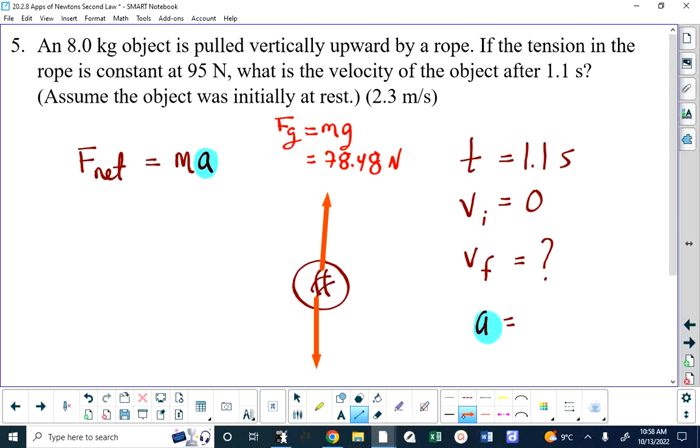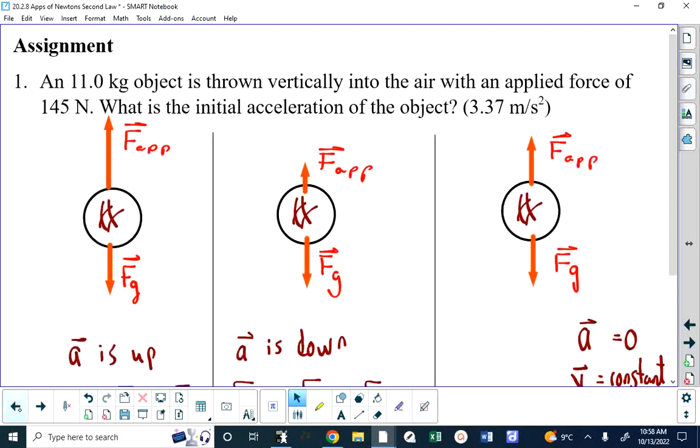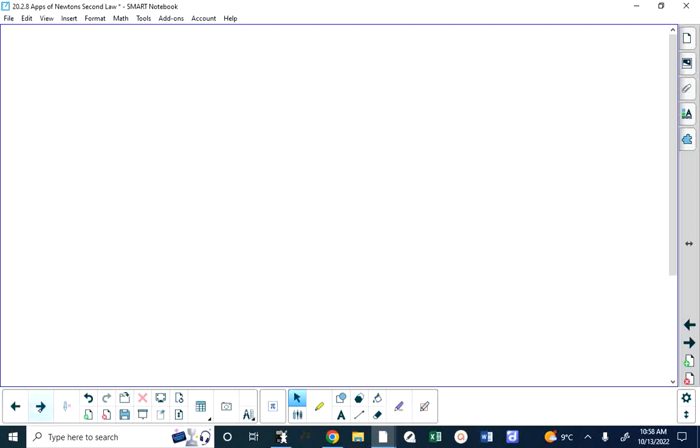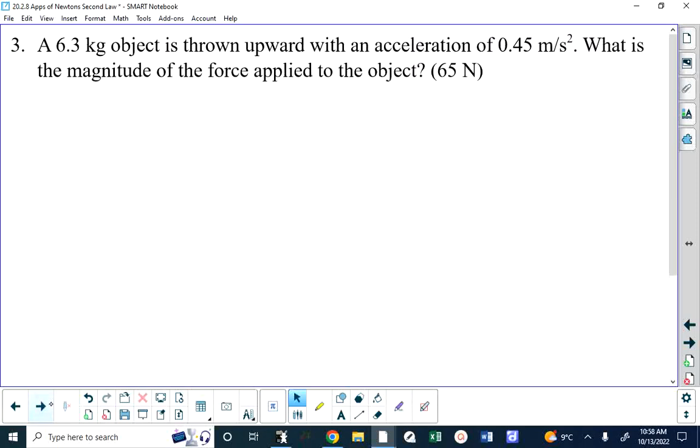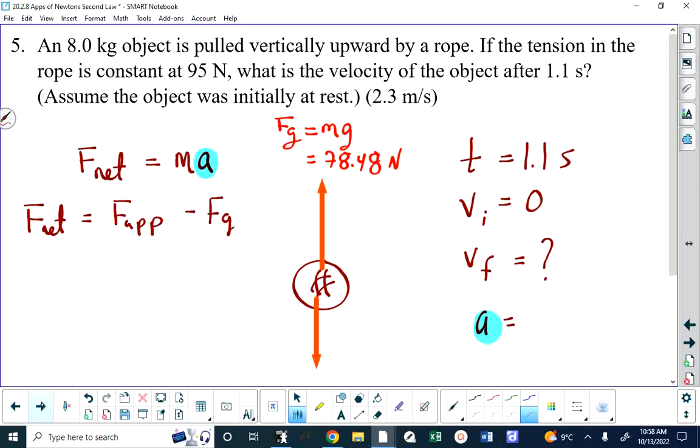So the 95 up, 95 is more than 78. We now know that to answer number 5, we are looking at this situation on the left. So F net equals the applied force upward, its magnitude, minus the force due to gravity's magnitude.